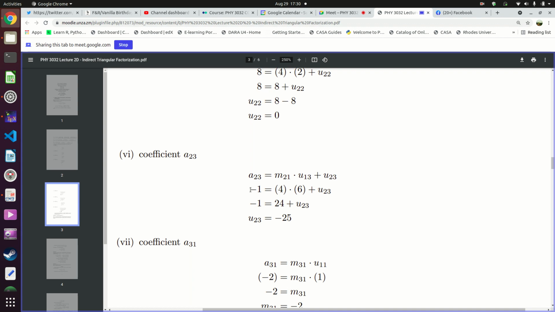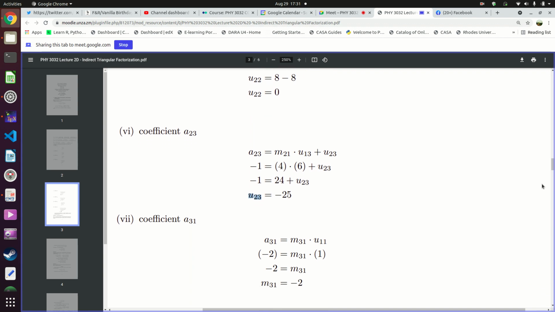So that's going to be minus 1 equals 4 times, M21 is 4, then U13 is 6, plus U23. So you substitute here, and you end up with 4 times 6, 24, then plus U23. Then you get this guy to the other side, so you end up with U23 being equal to minus 25. That's okay.